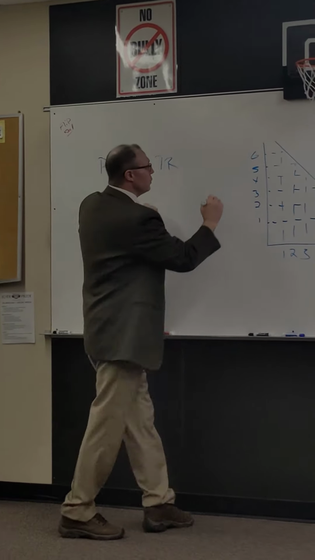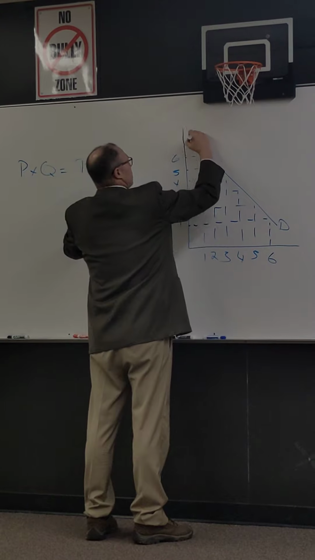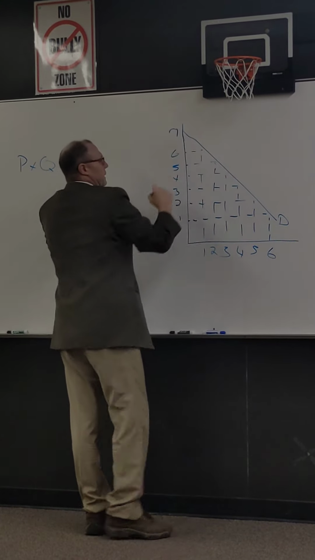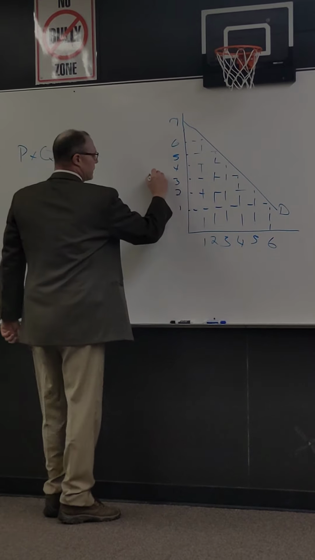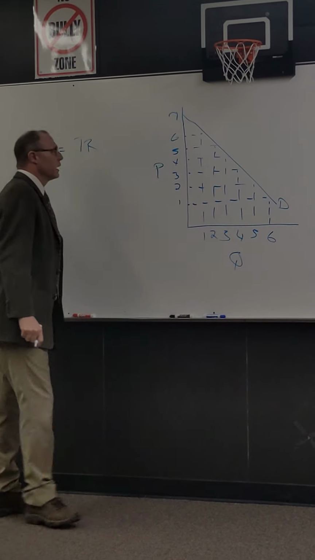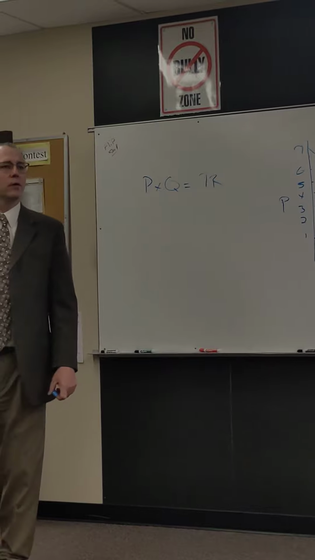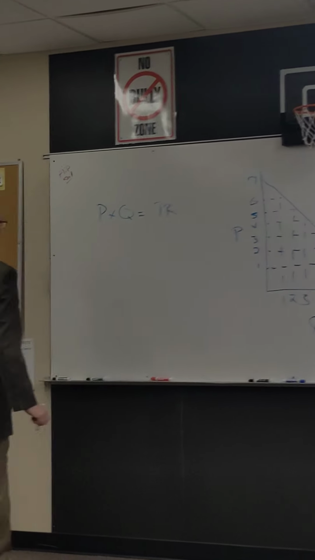And you know what we could do? We could even do something like this. If you want to be really creative, let's go over here and let's make that 7. So at $7, and remember this is P and this is Q, is there any demand? There's none, okay? We can certainly do that.